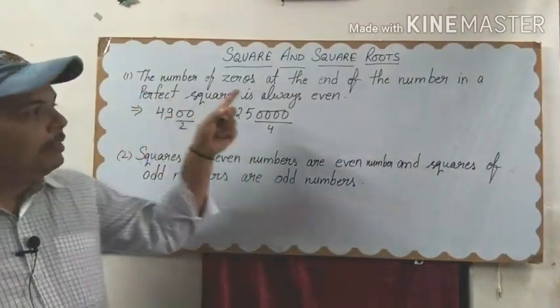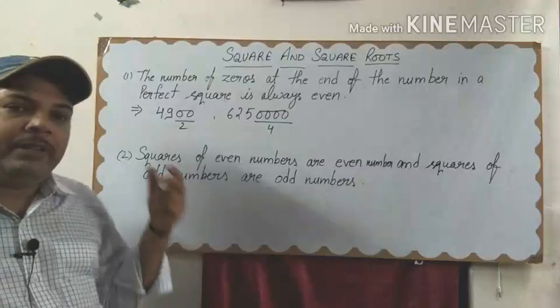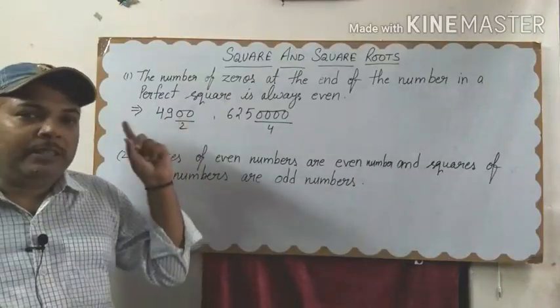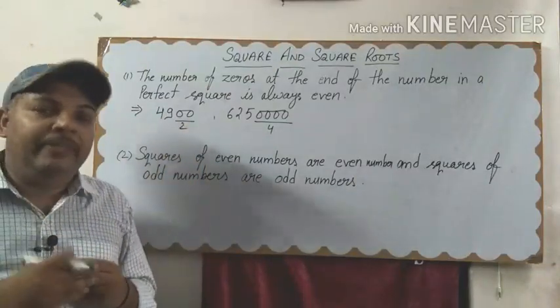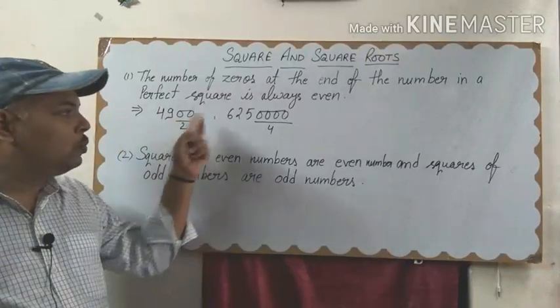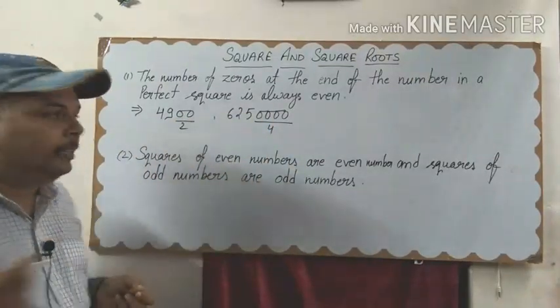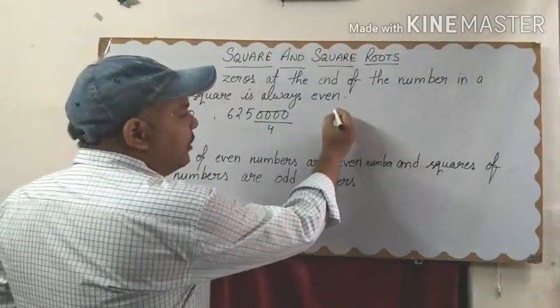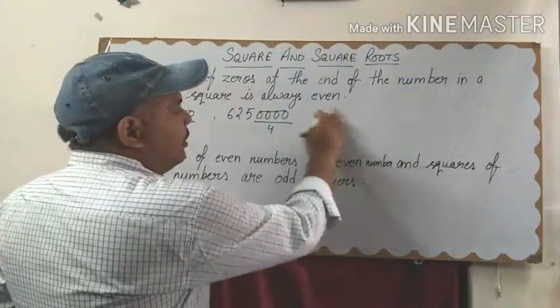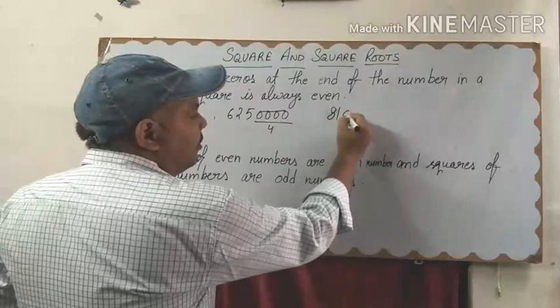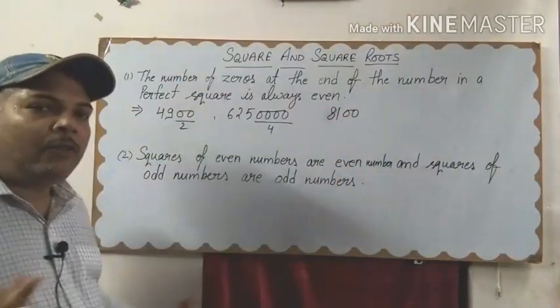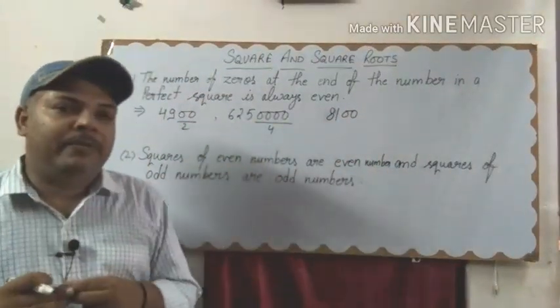So in any perfect square number, if zeros are there, then they will be in even numbers. Means either it is 2 or 4 or 6 or 8, etc. Clear? So suppose a number is given, 8100. How do we find that it is a perfect square number?